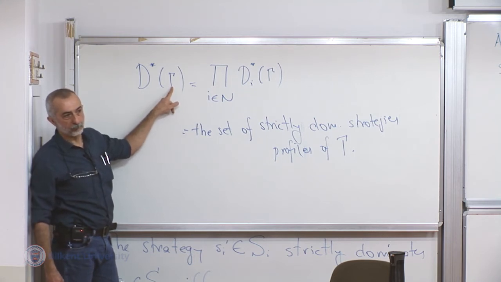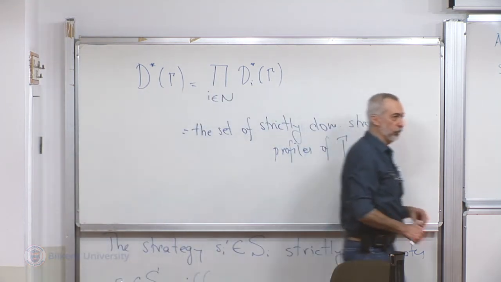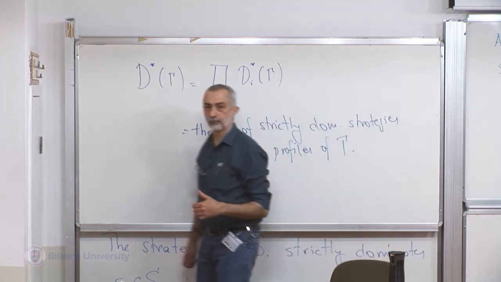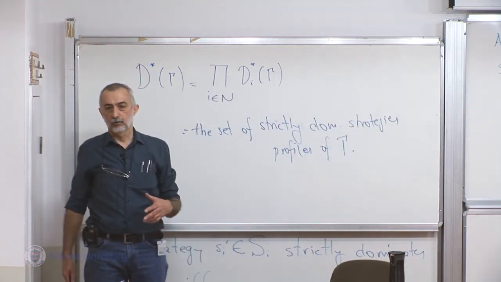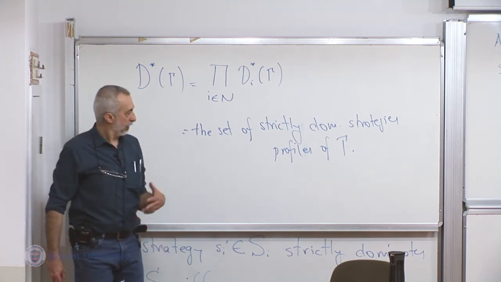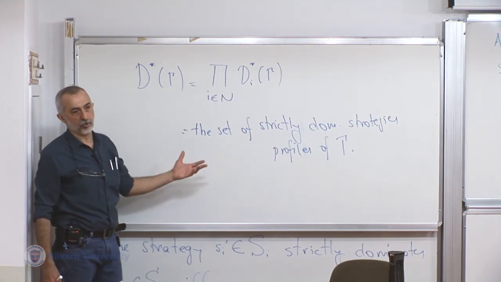Okay? So once you have a new animal in your world, there are certain questions that you have to ask. One of the first questions you should ask is, does it always exist? Does every game have a strictly dominant strategy solution?